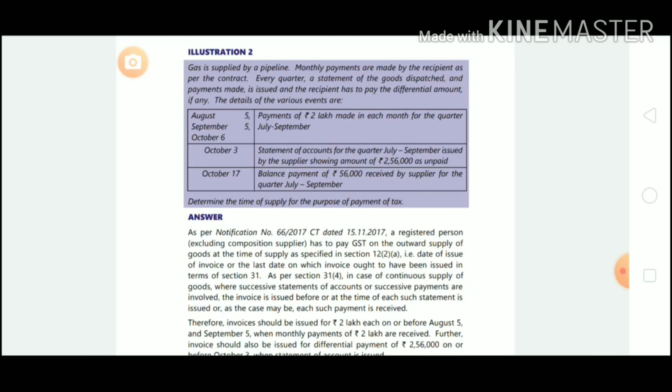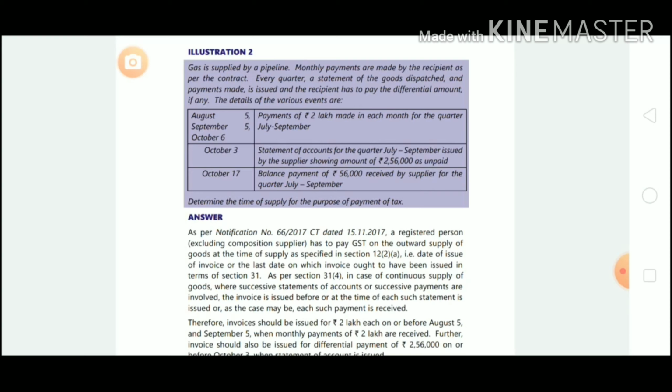Okay, and in the provision it is also given, before or at the time each statement is issued. So on October 3rd statement was issued. See, statement of accounts for quarter July to September was issued. So for 2,56,000, this invoice should be issued on or before October 3rd.